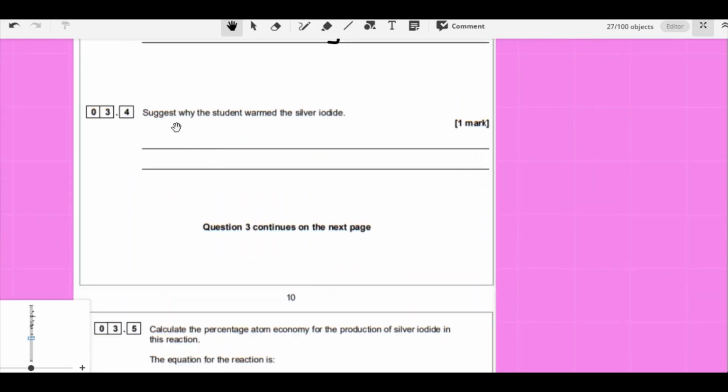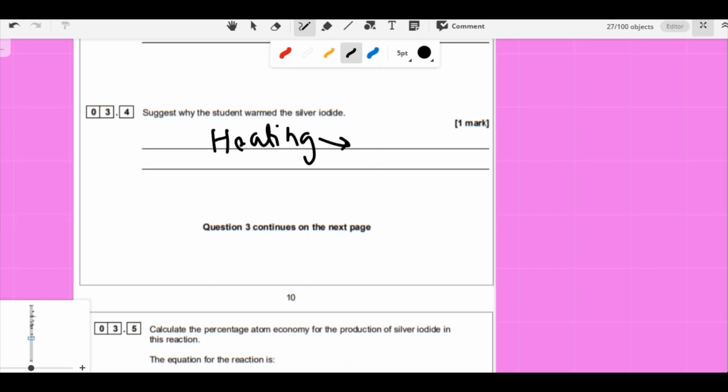Okay, suggest why the student warmed the silver iodide. Warming, the heating process, is to evaporate or remove the water.